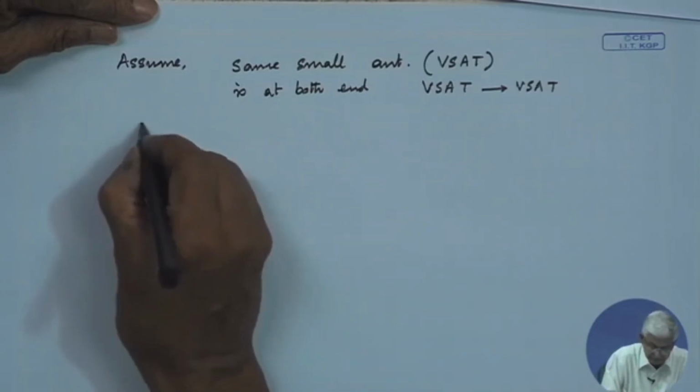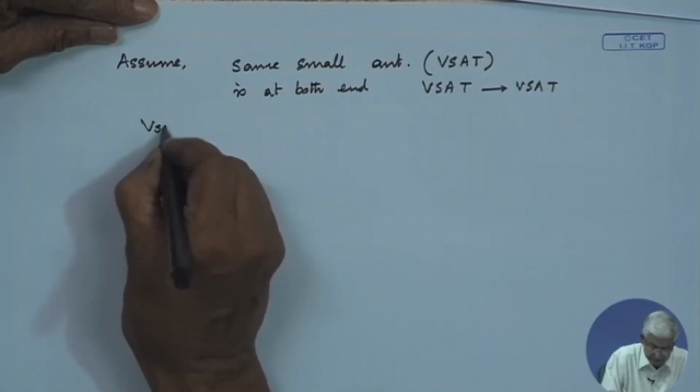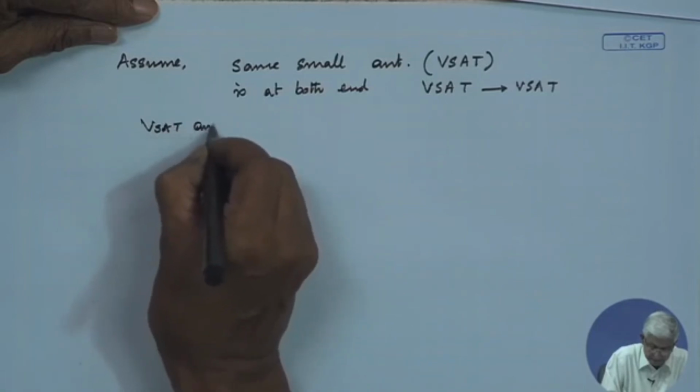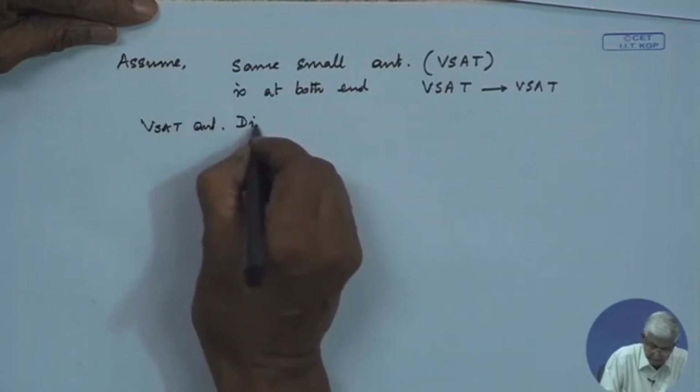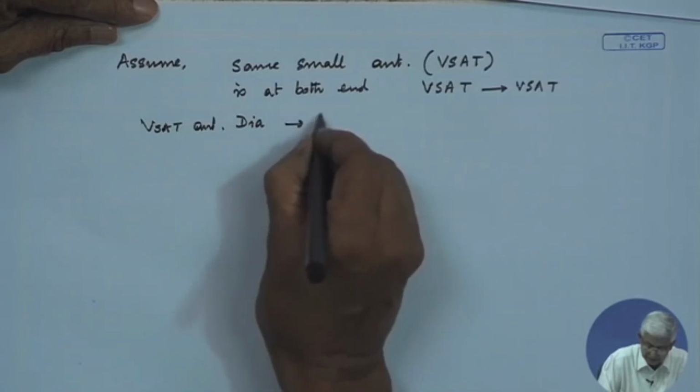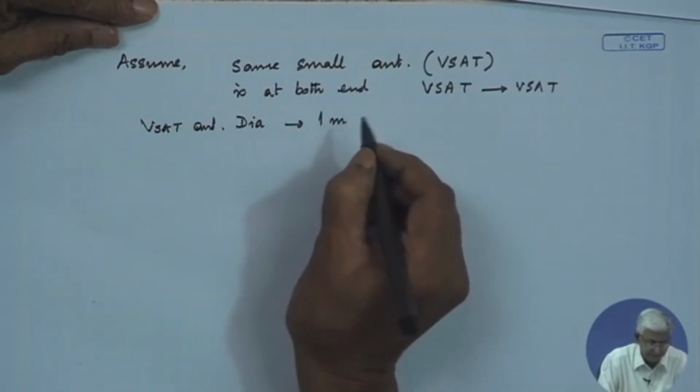Let us assume some numbers. VSAT antenna diameter for both sides. Let us take an easy number, 1 meter.